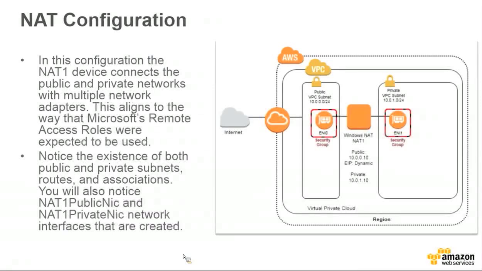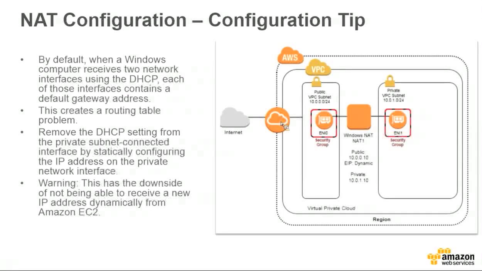So what ends up happening is packets flow into the instance. There's ambiguity as to which interface the packet should flow back out of. There are multiple ways to solve this through creating custom route table entries. But in this case, I preferred to use a simple solution, which was simply removing the DHCP setting from the private subnet connected interface, and within the instance, statically configure the IP address.